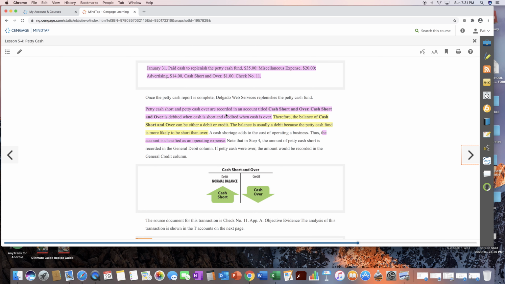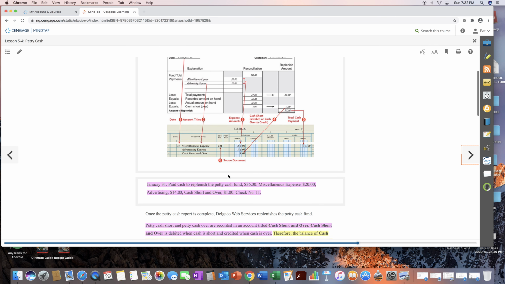You always knew the normal balance. Well, here, cash short and over could be either a debit or a credit. The balance is usually a debit because petty cash is usually more likely to be short than over. Short is listed first, it's a debit. Over is listed on the right of short and over, so over is a credit. That's kind of how we always remembered it.